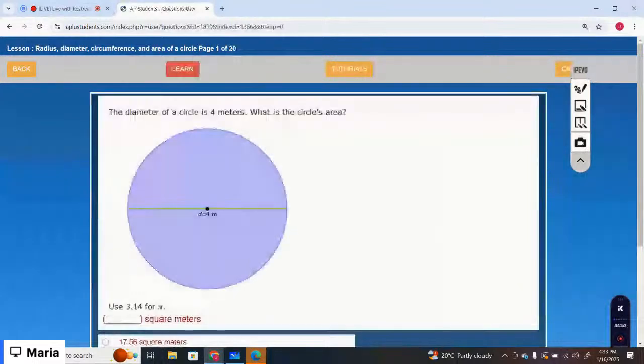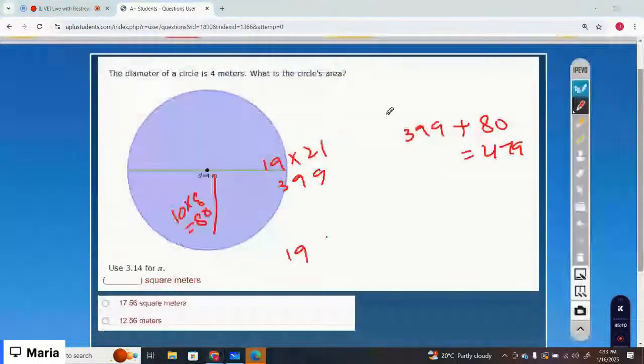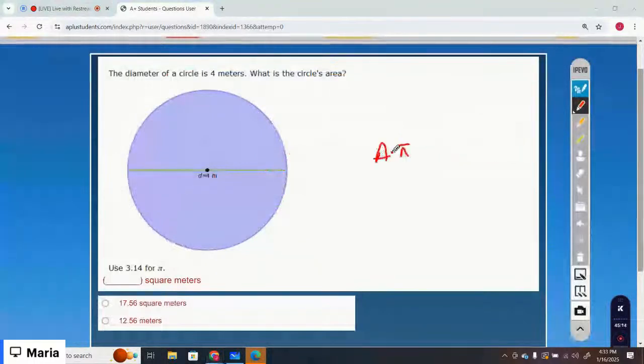The diameter of the circle is 4 meters. What is the area? Area of the circle is A equals pi r square.